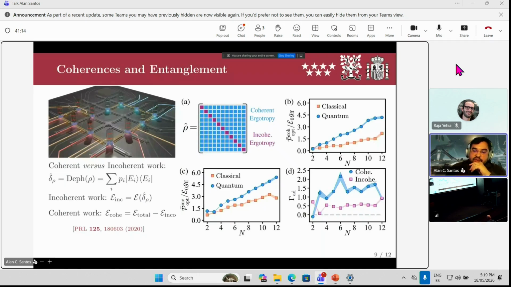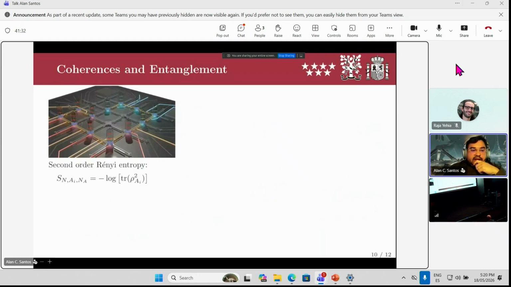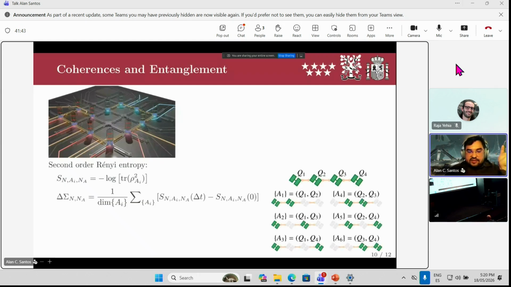So computing, for example, the advantage for both quantities, we can see that they are still above zero, as expected for quantum advantage, still keeping the same ratio of energy cost between the classical and the quantum case. Okay. And to check what is going on with the entanglement in the system when you increase the size, we also computed the second order Rényi entropy, which is quite nice to measure entanglement.